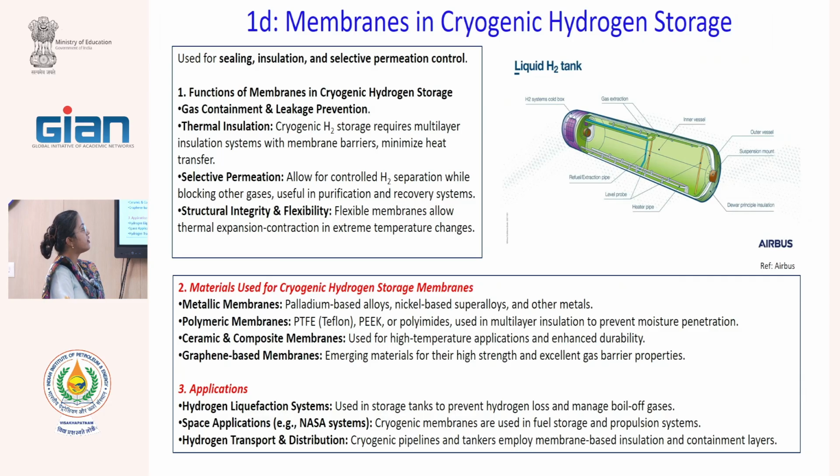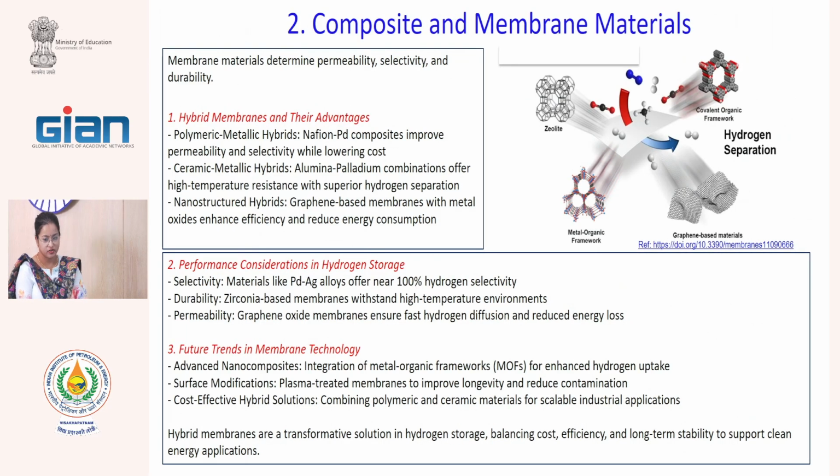So, in order to get pure hydrogen, you have to separate out the hydrogen, selectively, at the outlet sector. This kind of system is even being tested at NASA. They are very promising and very useful for hydrogen transport and distribution systems, so that pipelines and tankers can be easily maintained with this kind of technology.